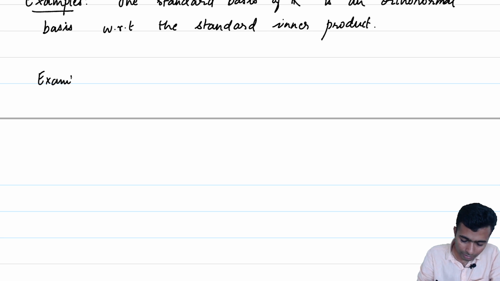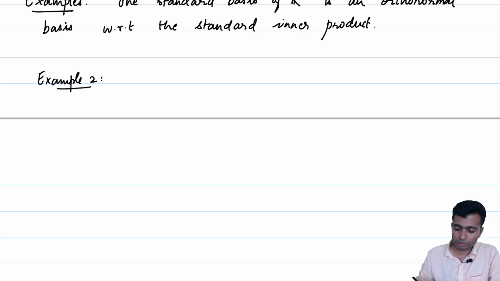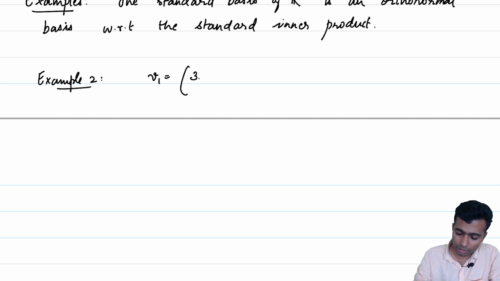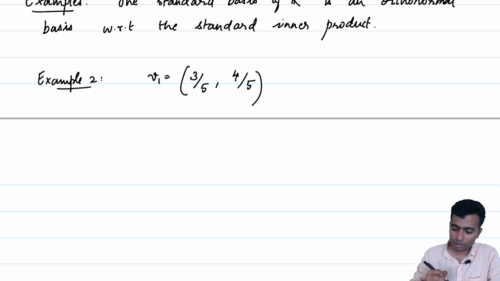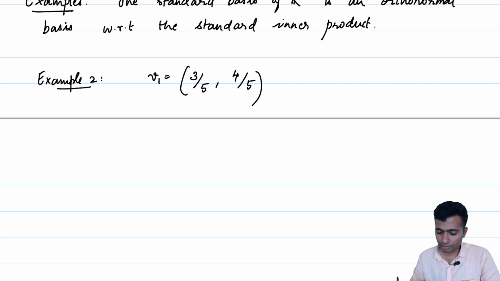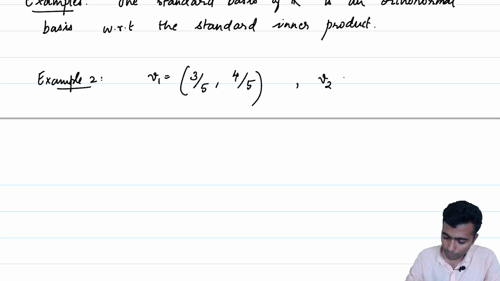So, another example. Let's look at the following collection. Let V1 be equal to 3 by 5 and then 4 by 5. You can check that the length of V1 is 1. And what about V2? V2 is minus 4 by 5 and 3 by 5.